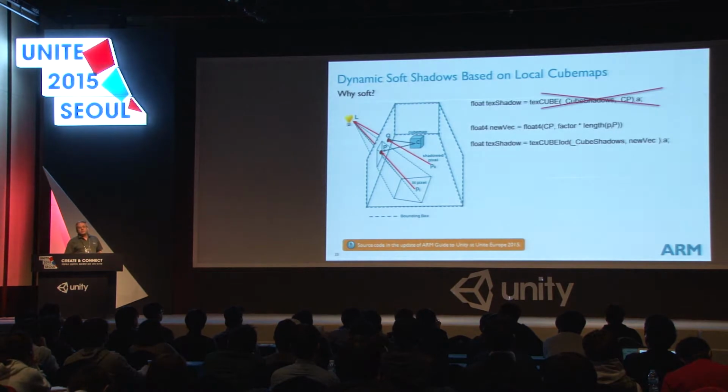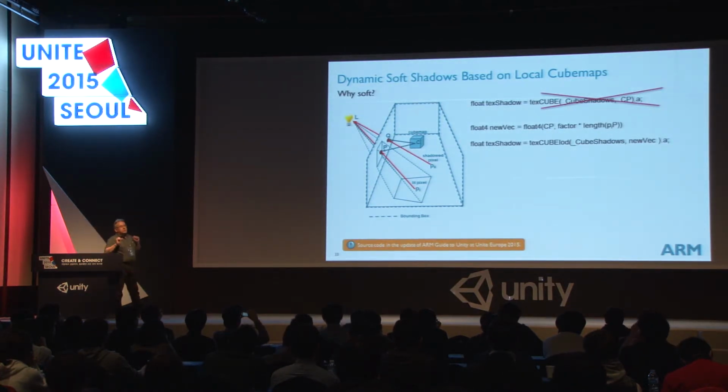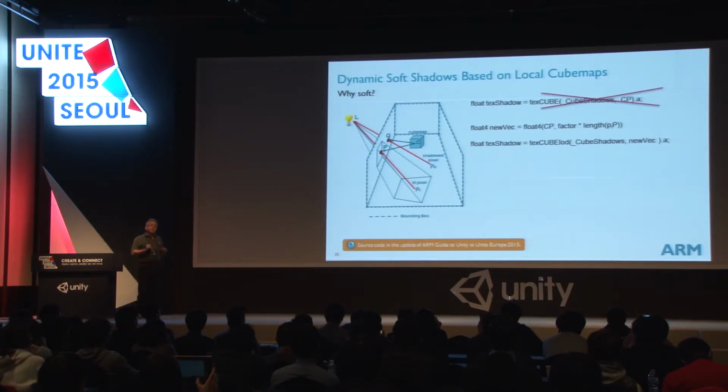How can we do that? Instead of fetching the texture using the default zero mipmap level of the cube map, when rendering the cube map, we will also produce the cube map mipmaps.